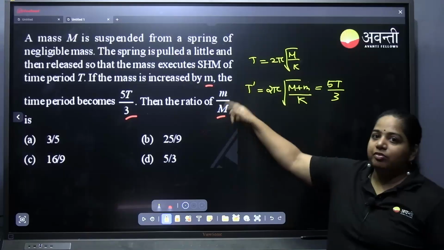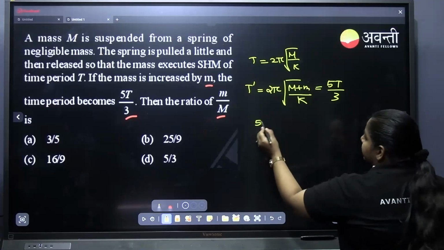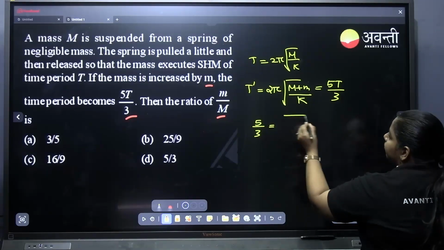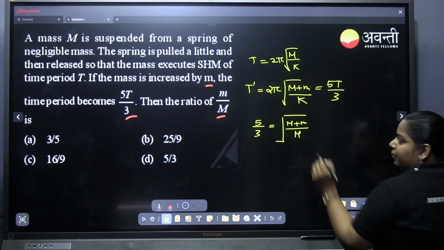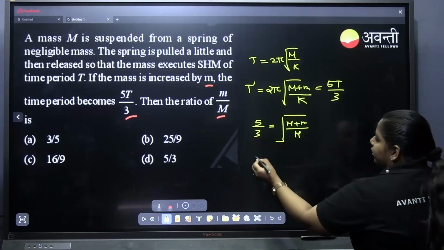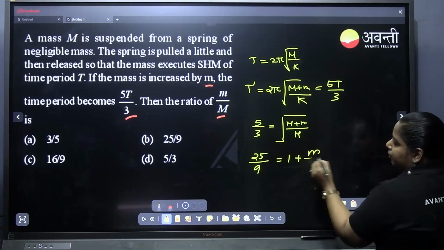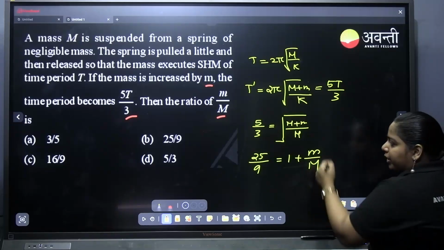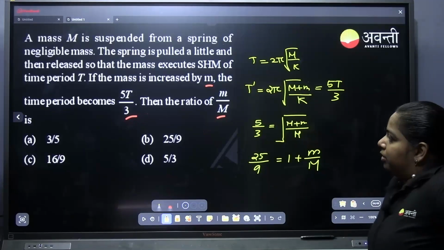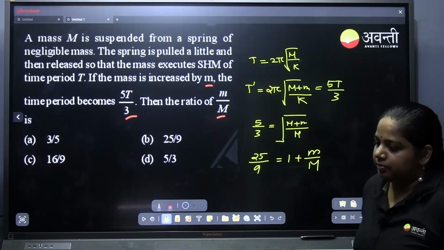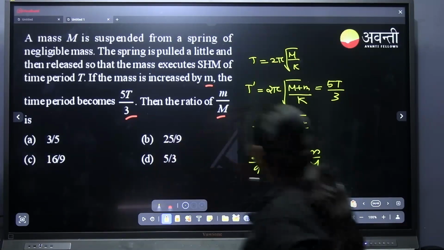You have to find the ratio of small m by m, right? So we will do T dash by T. So 5 by 3 equal to under root of m plus small m by m. On squaring you will get 25 by 9 equal to 1 plus small m by m. So small m by m equal to 25 by 9 minus 1. 2 pi will get cancelled.